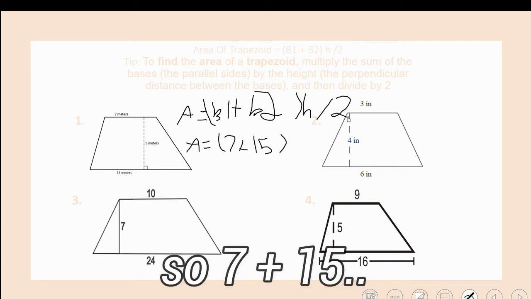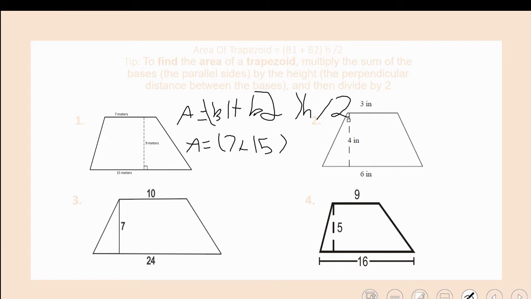Then we multiply by 9, which is the height, because it is the distance between base 1 and base 2. So height 9 is here.